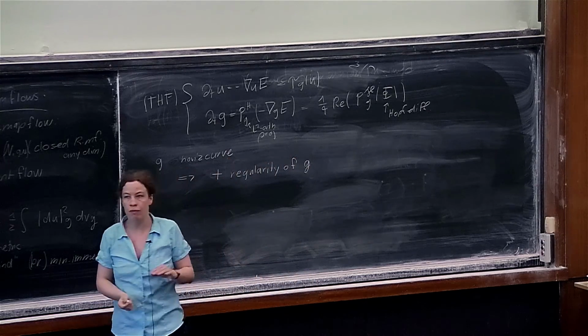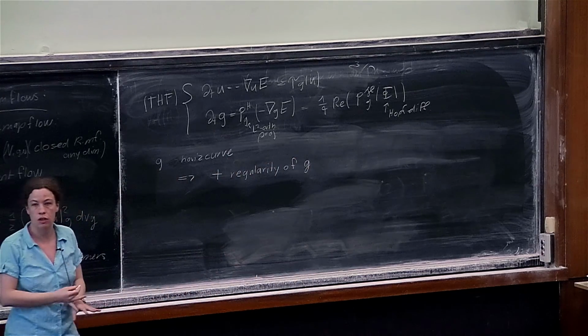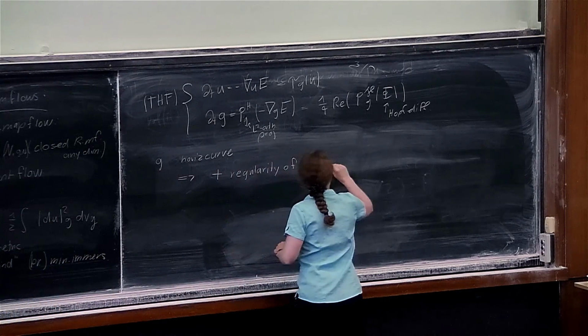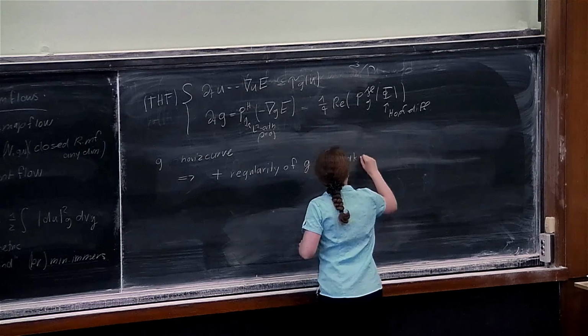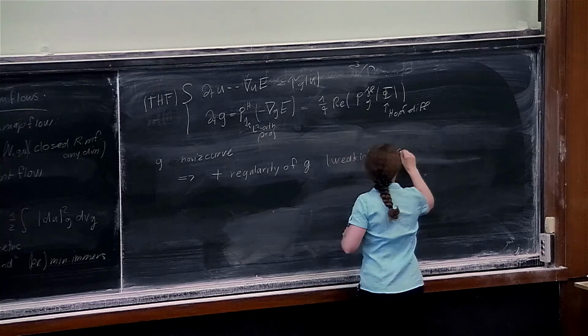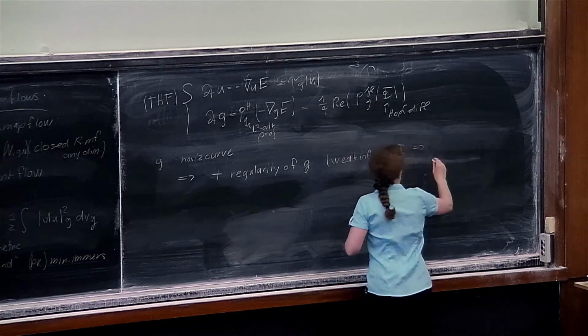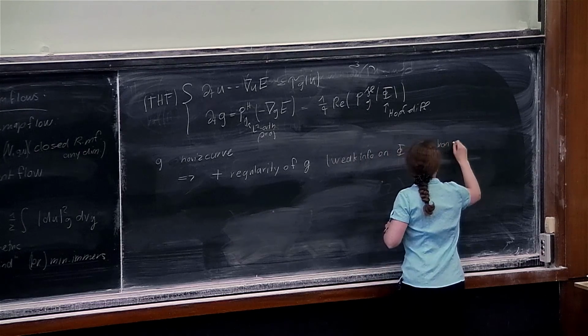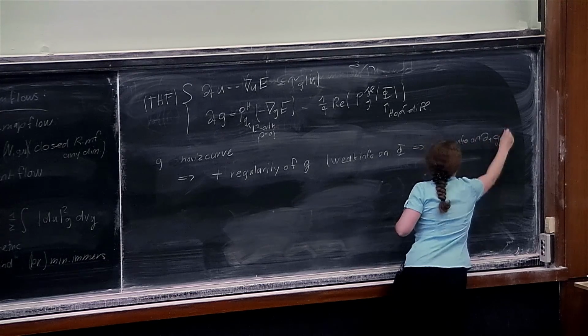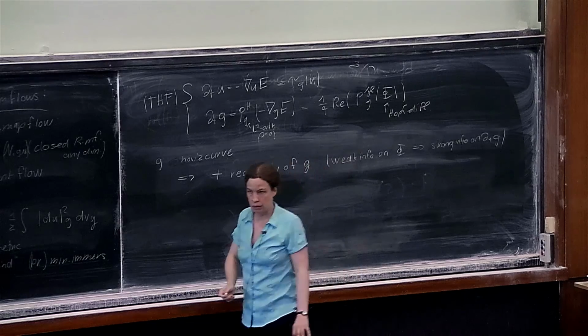So if you were to leave away the projection, you would have something which is a lot less regular. And we're going to see in particular that weak information on the thing you project down, in this case the Hopf differential, can give strong information on the velocity of the metric.